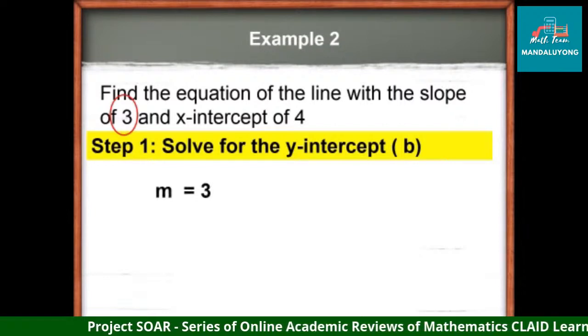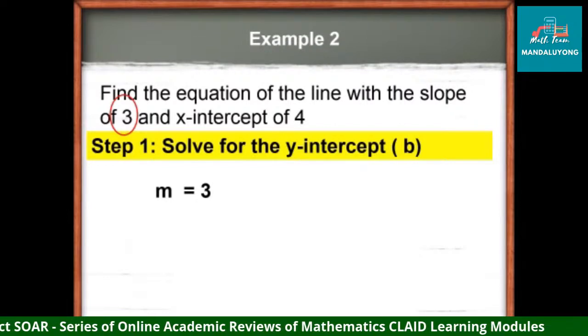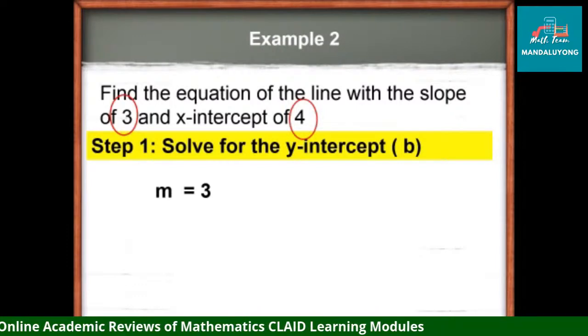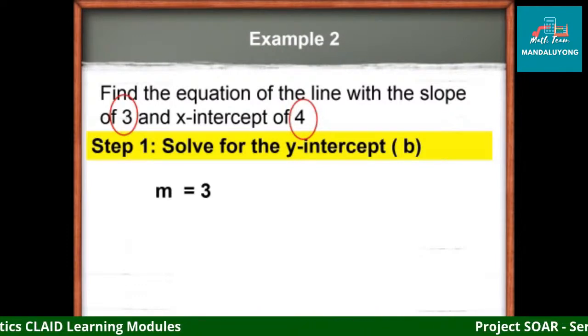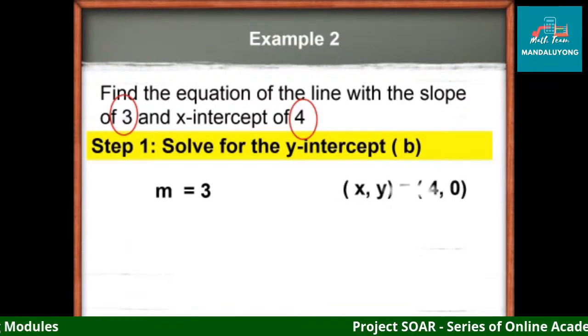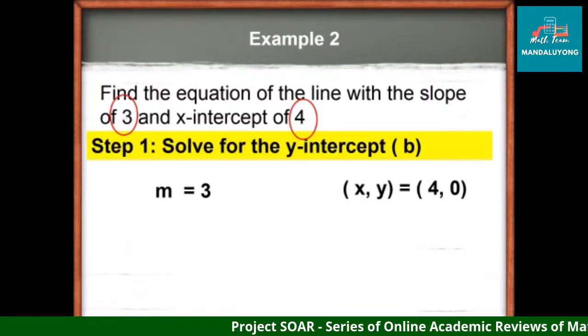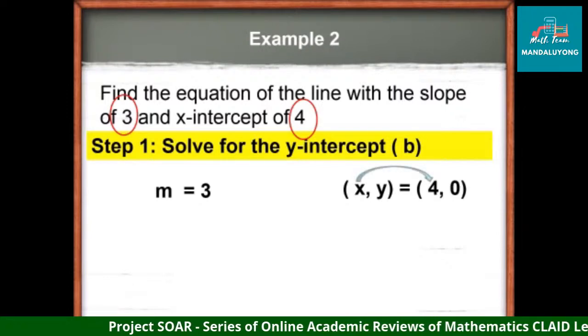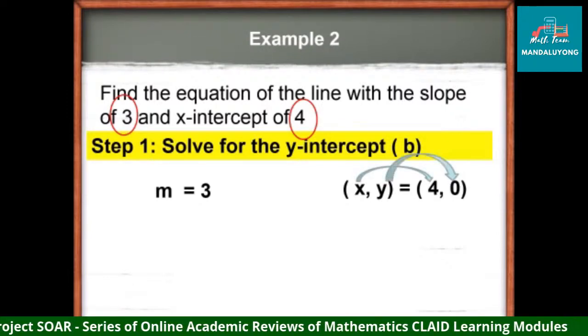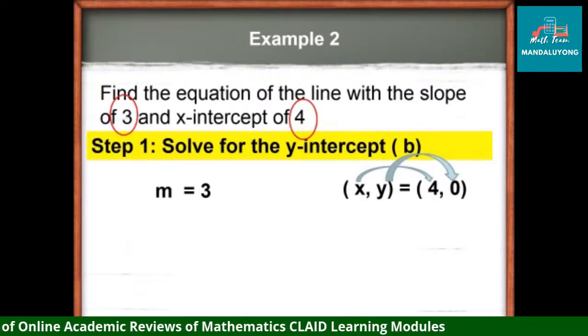So m is equal to 3. Our x-intercept is 4, but we can represent it as a coordinate. So xy is equal to 4, 0. Our x is 4, our y is 0.